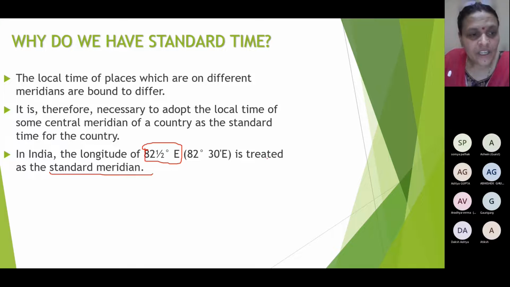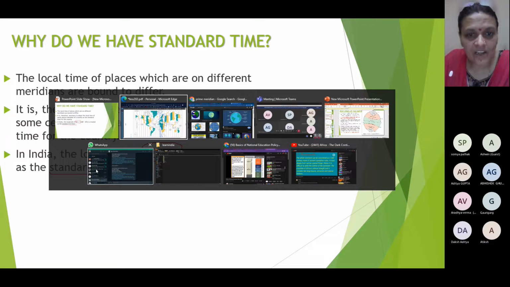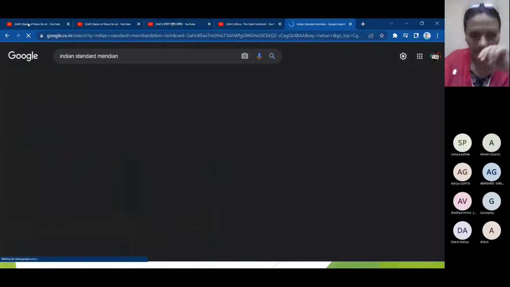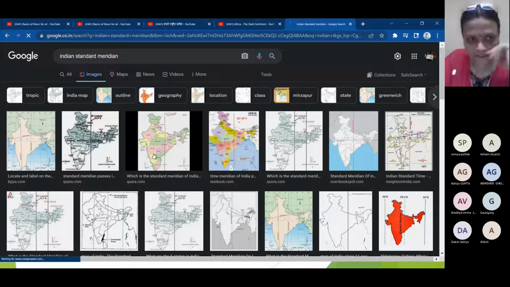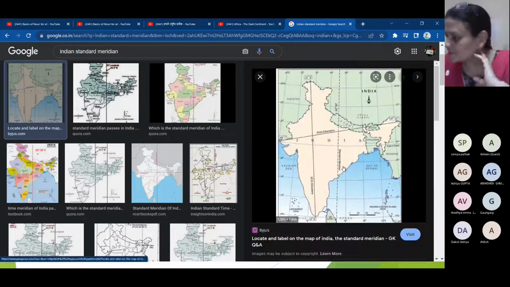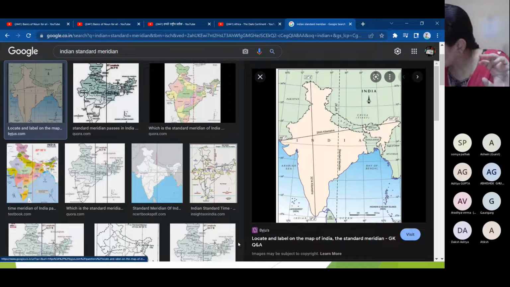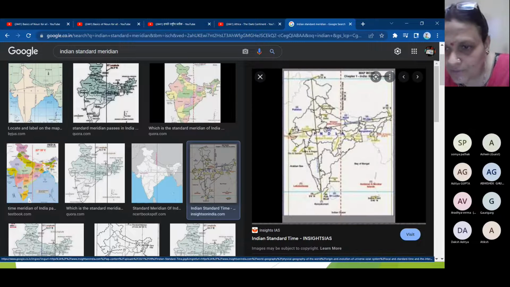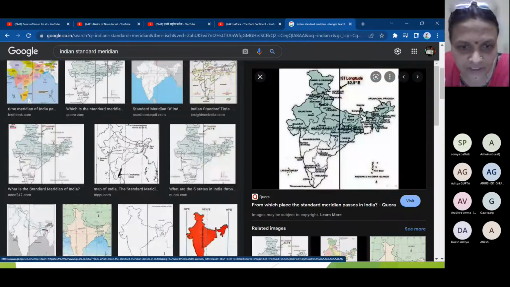Let me show you the Indian standard meridian, where it is. See, here it is. You cannot see it clearly actually.